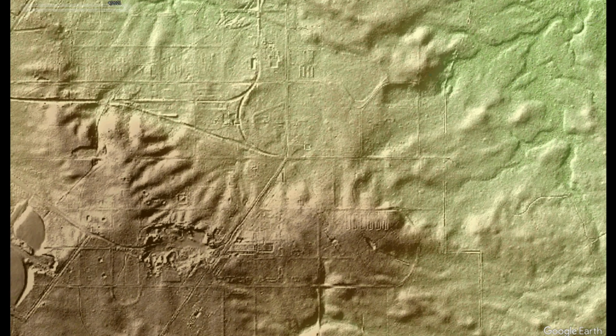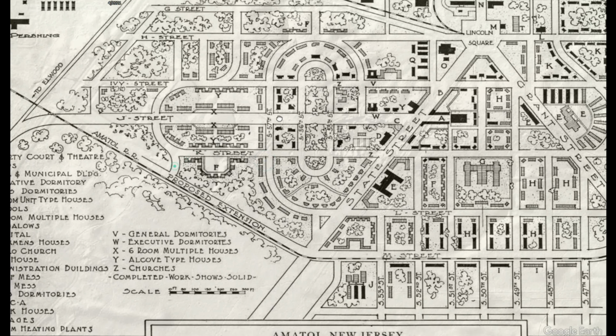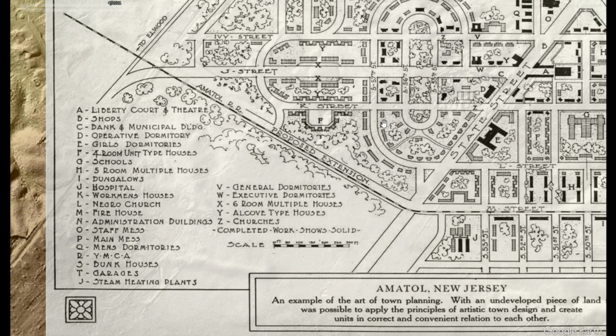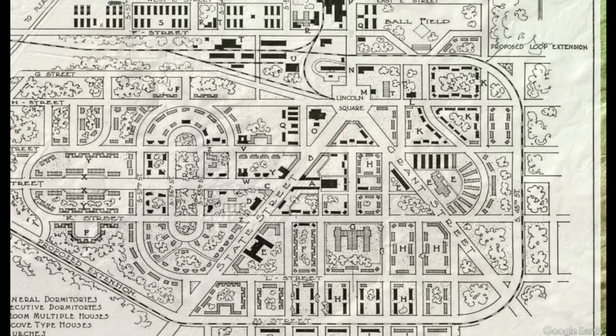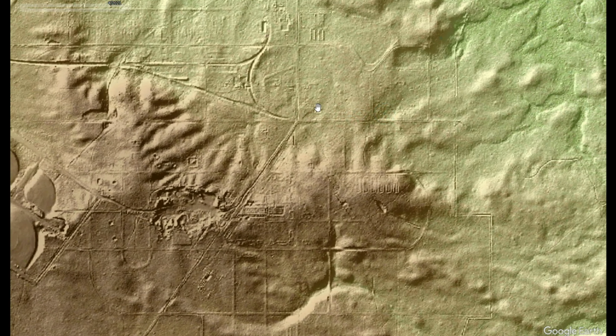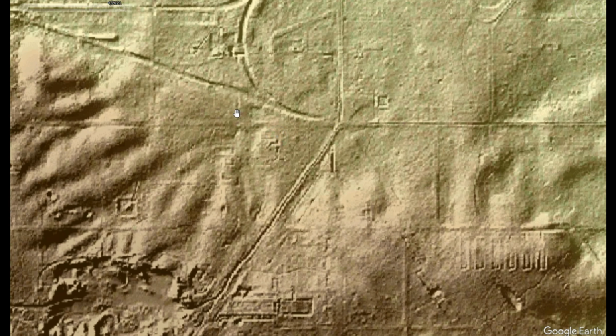This is M, and M is the firehouse. Now I know it may not look like much here for M, but the remnants we found, that I'm going to show you, were actually kind of cool. There wasn't a lot, but you'll see in the video.